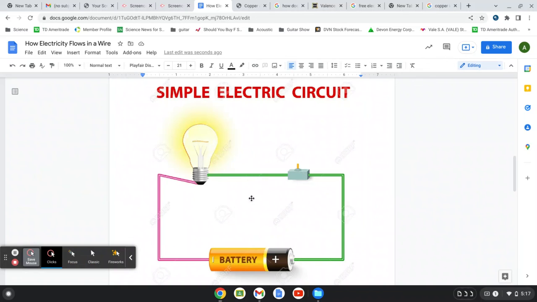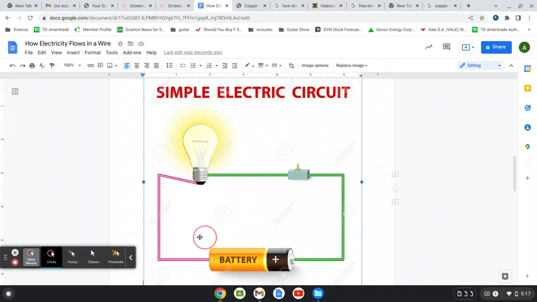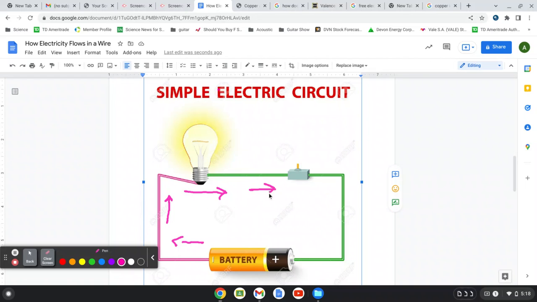And just one more time with our simple electric circuit, which way do the electrons flow? Right, they're flowing from the negative side of the battery. They're flowing this way. And again, one electron does not move at the speed of light or close to the speed of light. Right? It's not doing that.